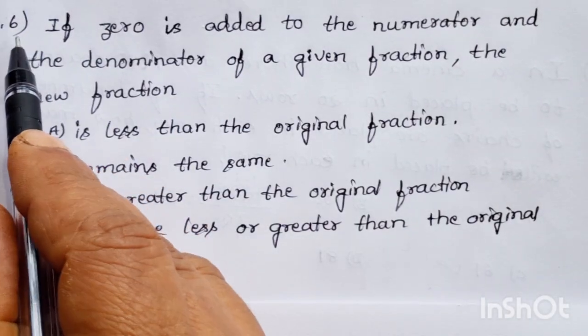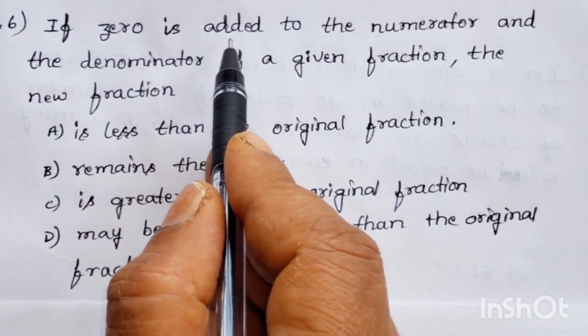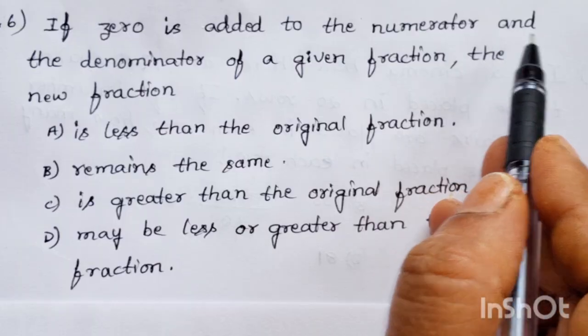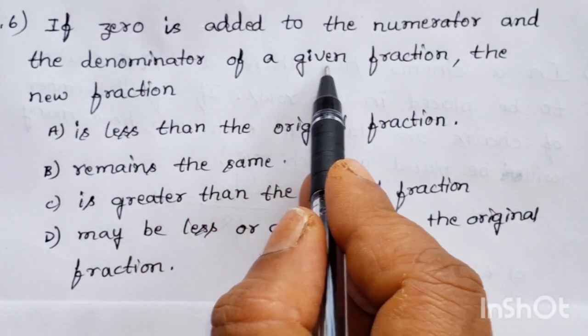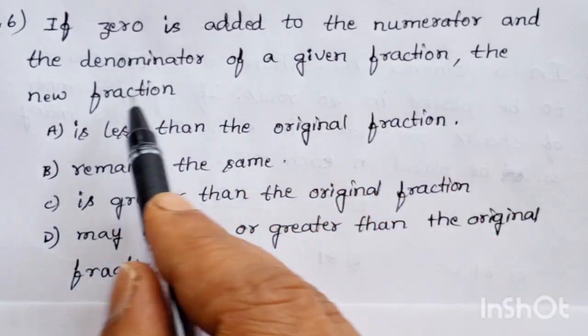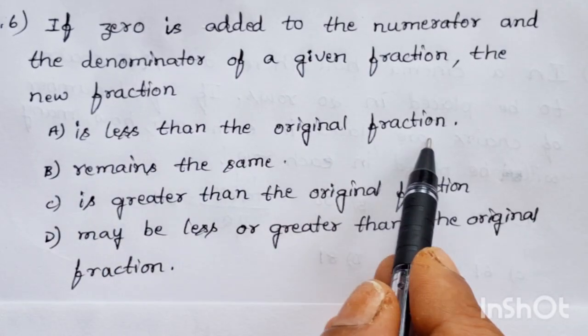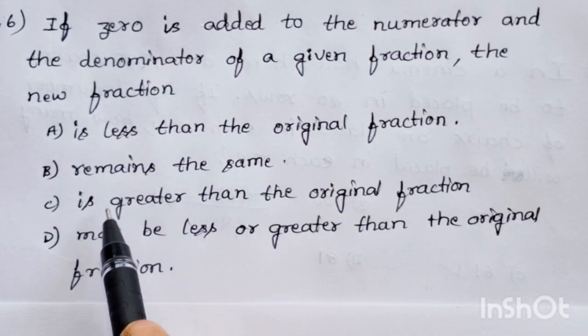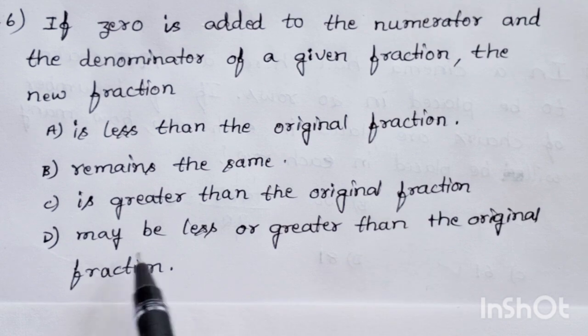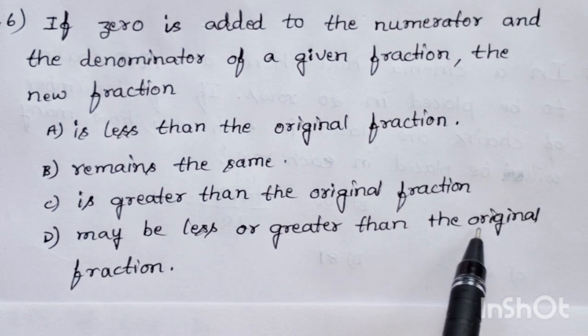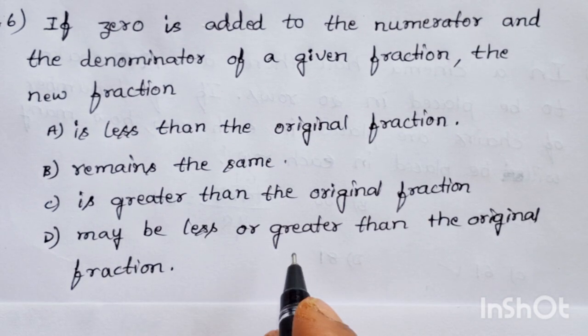Question number 6. If 0 is added to the numerator and the denominator of a given fraction, the new fraction, options: is less than the original fraction, remains the same, is greater than the original fraction, and may be less or greater than the original fraction.